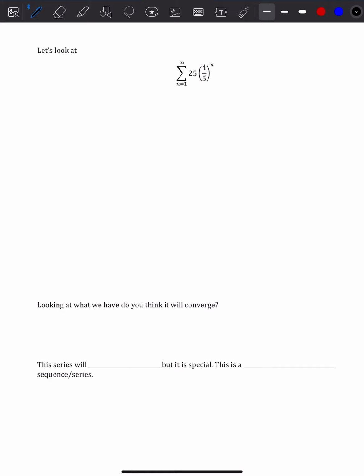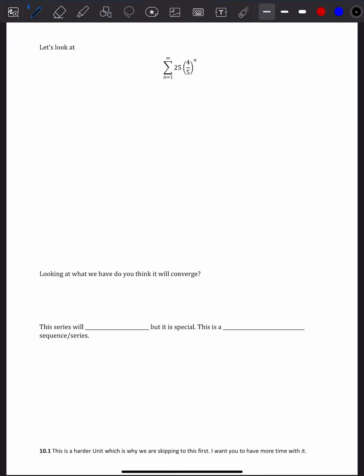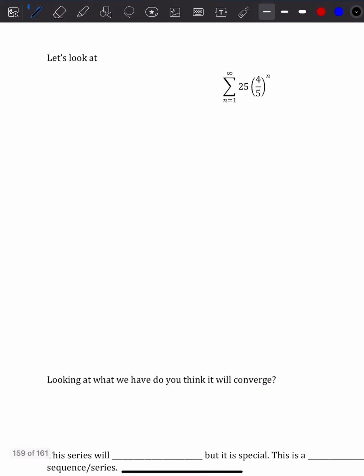Okay, so we're going to look at the summation from n equals 1 to infinity of 25 times 4/5 to the n power. We want to look for if it will converge or not. In order to decide that, we need to look at those partial sums again. So we're going to look at S sub 1 first.